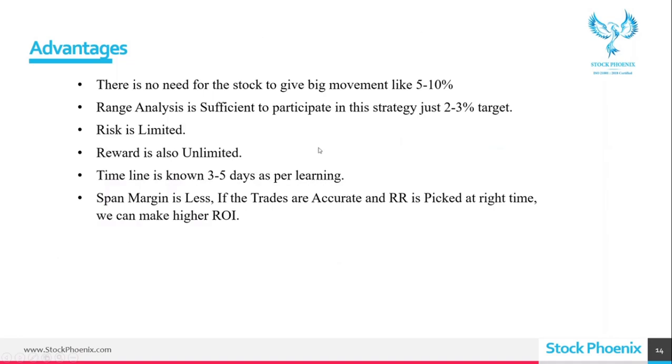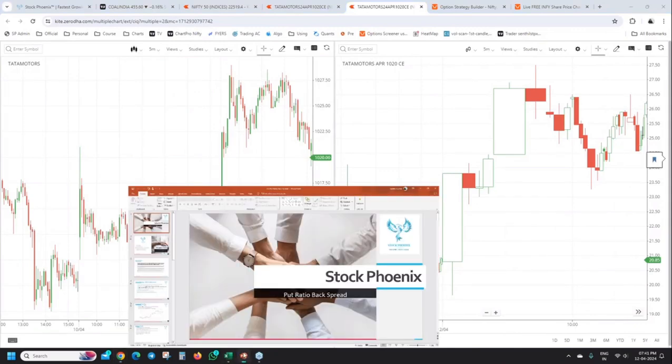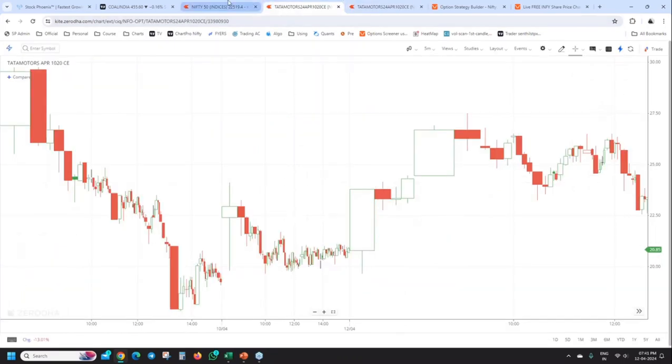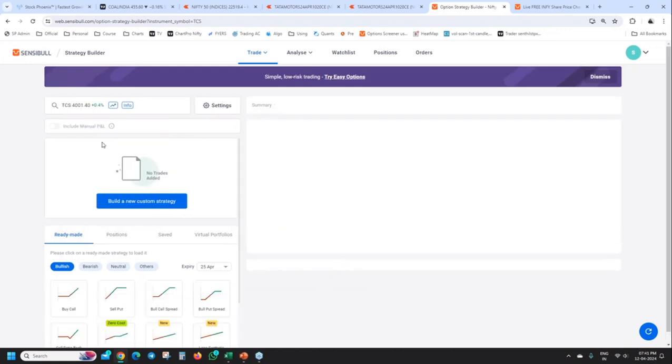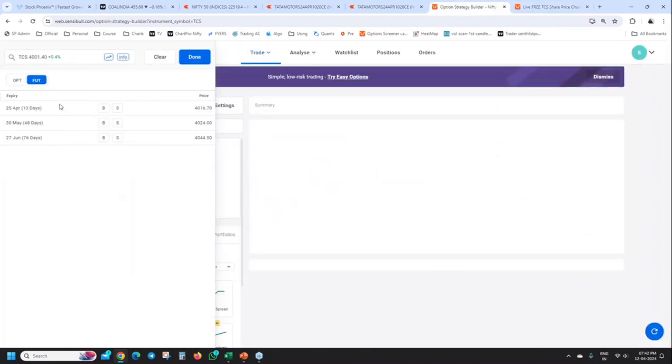The same thing will be applicable for put ratio back spread. So now what we'll do here is, if you are expecting a downtrend, let's take TCS. I'm expecting a downtrend. So TCS future is 4016.